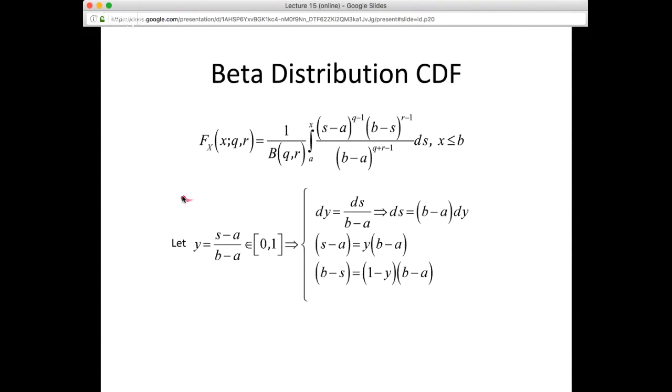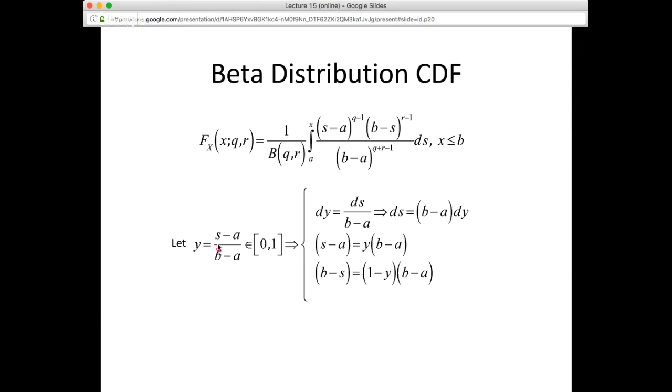And now I'm going to perform a nifty little variable transformation on the integral. So I'm going to let a new variable y equal the dummy integration variable s minus the lower limit, divided by the upper limit minus the lower limit. And you might ask, where does this come from? Well, you can see that by transforming s into this form, basically y is going to vary between 0 and 1, which is, of course, what the standard beta distribution independent variable does.